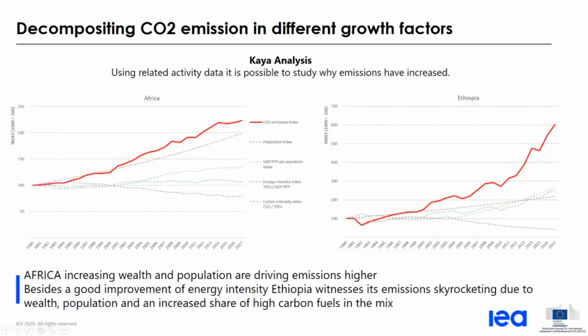If we look at Africa and at Ethiopia, we can see that population increase is actually the main driver of CO2 emissions in Africa. In Ethiopia, it's a combination of different factors that is bringing emissions up. There is population, but there is also the wealth increase, so the GDP per capita, as well as an increasing carbon intensity index. This is because Ethiopia is mostly reliant on hydro and traditional biomass.